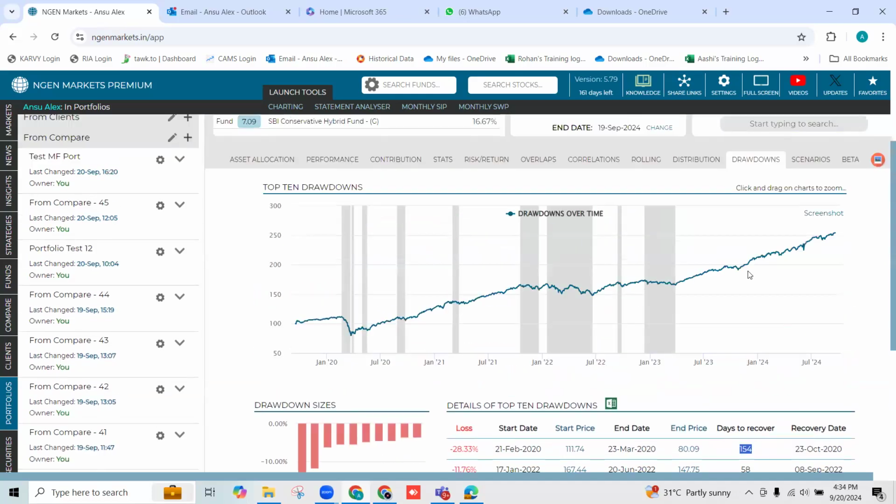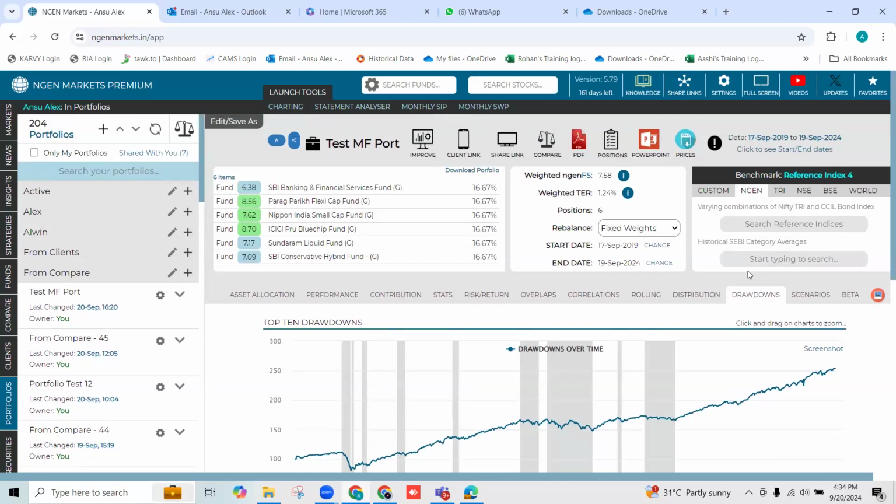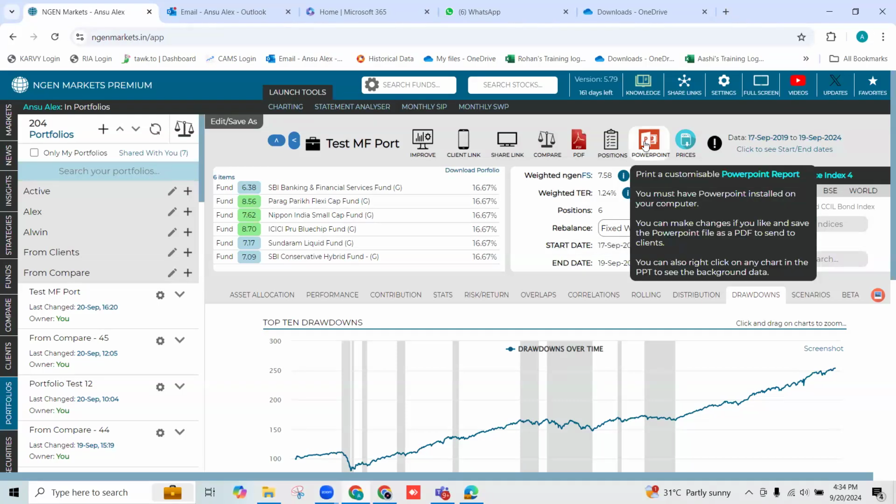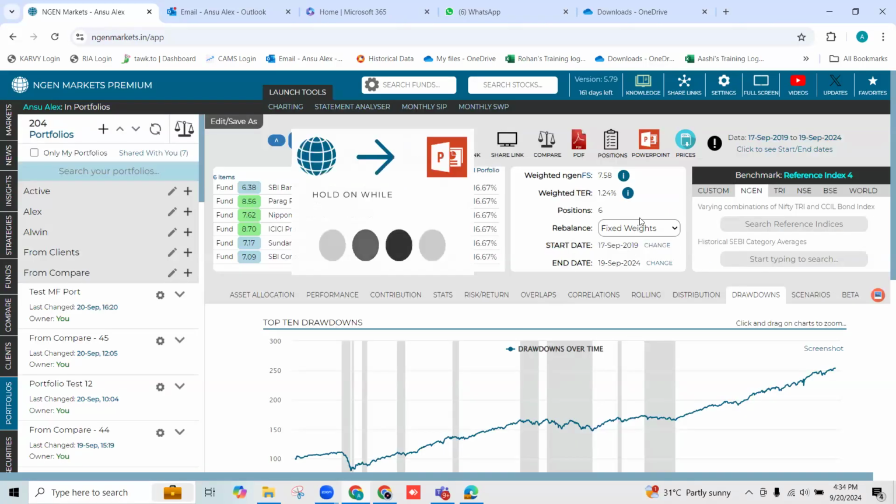Now, this was the portfolio analysis that you saw on the platform. Next, we come to the reporting options, which are a PPT and a PDF. So I'll show the PPT first.